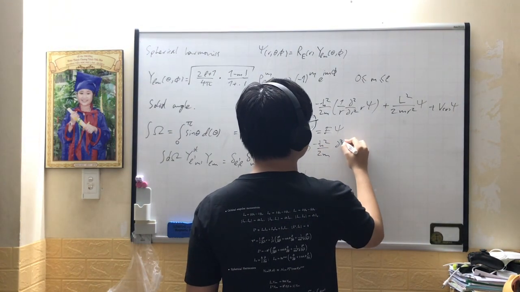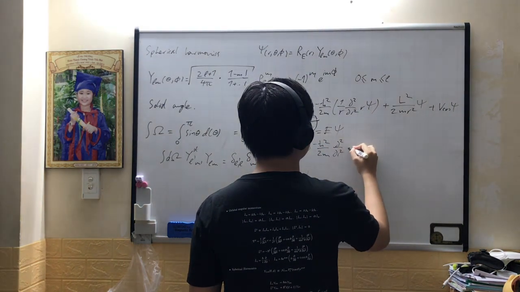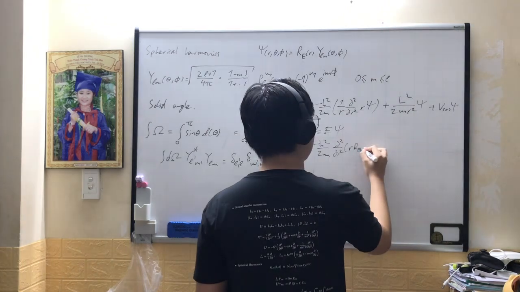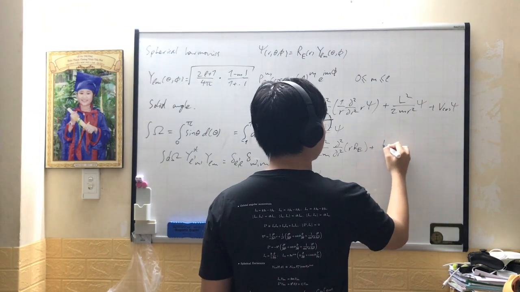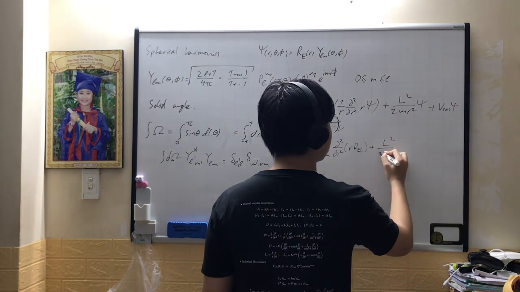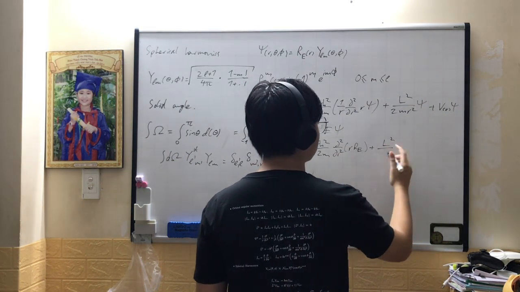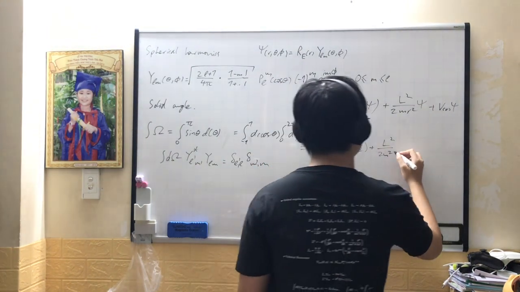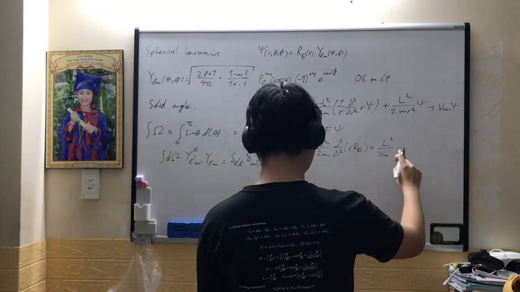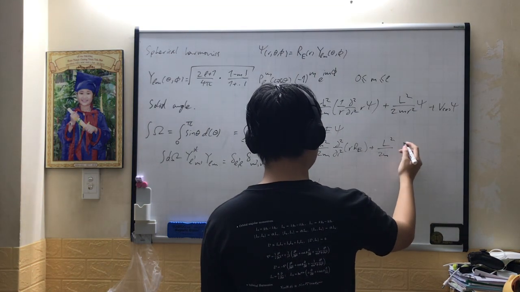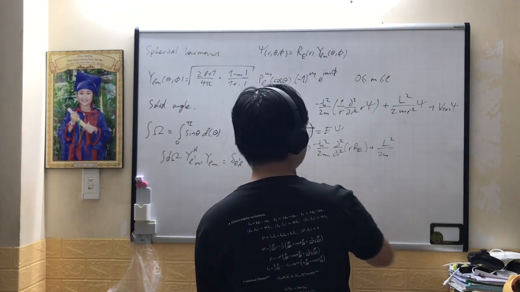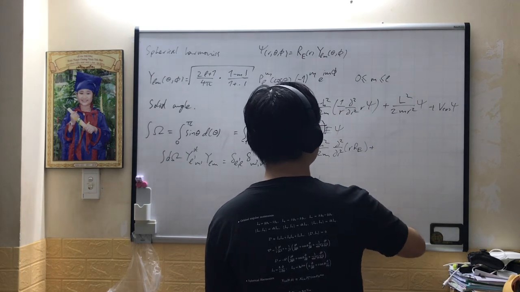So from this you can get R on every term. Over L, 2m L squared. Okay, L, you might want to expand it instead.